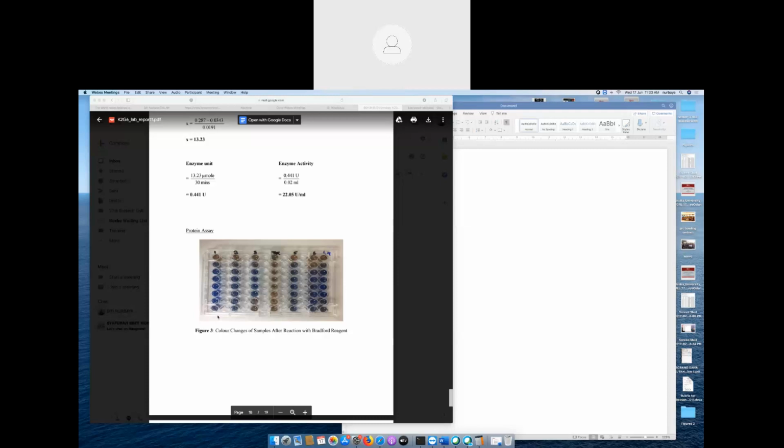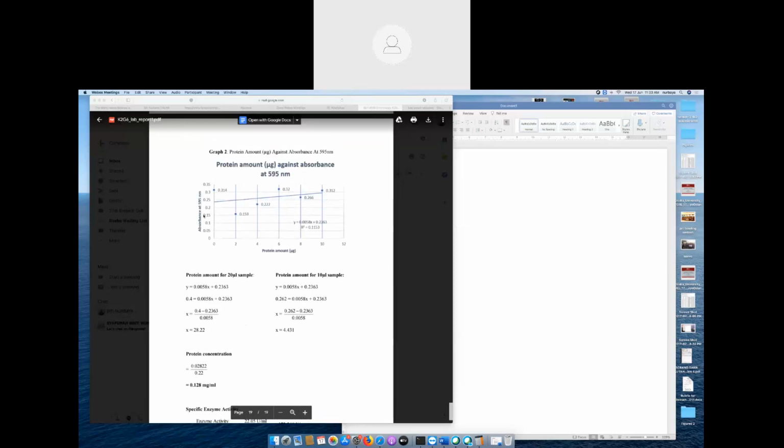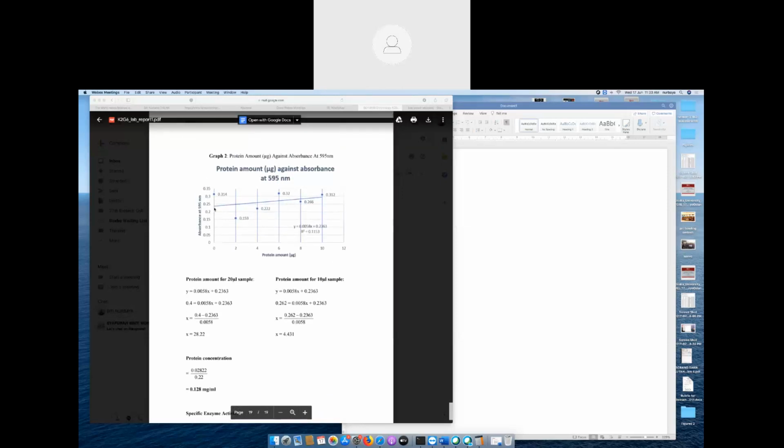So how come blank gives you the absorbance up to, wow, 0.24, I think, which is huge. It's supposed to be zero. Yeah, no, you have got this one, 0.314. This is so weird.